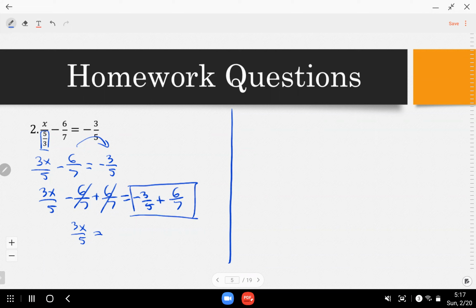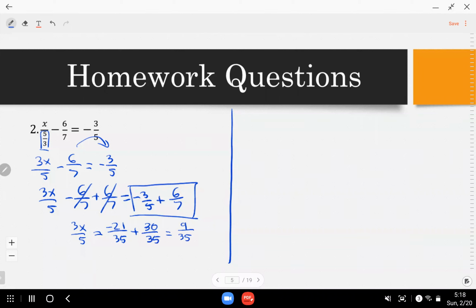So what you need to do is get the common denominator, right? So negative 3/5 multiplied by 7 gets negative 21 over 35, plus 6/7 multiplied by 5, 30 over 35, is equal to 9/35.